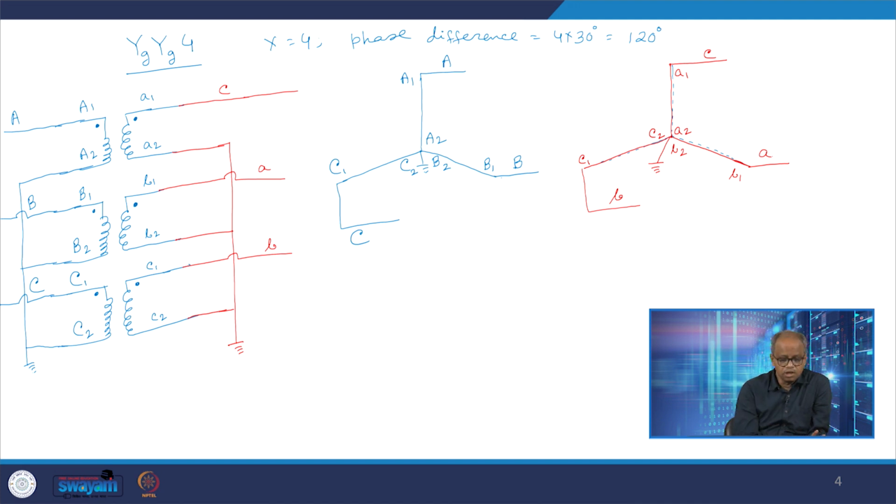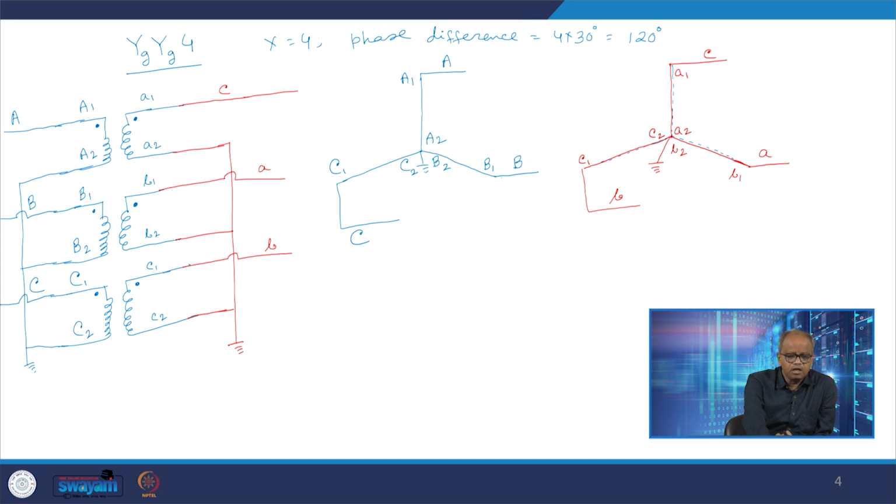So please note that we are not making this connection diagram first. We are first making the connection diagram at the primary side according to our choice. Then I draw the vector diagram at the primary side. Then I reflect these connection terminals at the primary side.